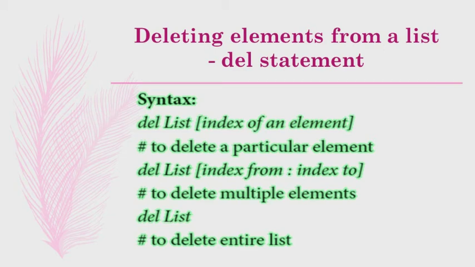If you want to delete multiple elements, write del list[beginning index : ending index]. And if you want to delete the entire list, write del list.